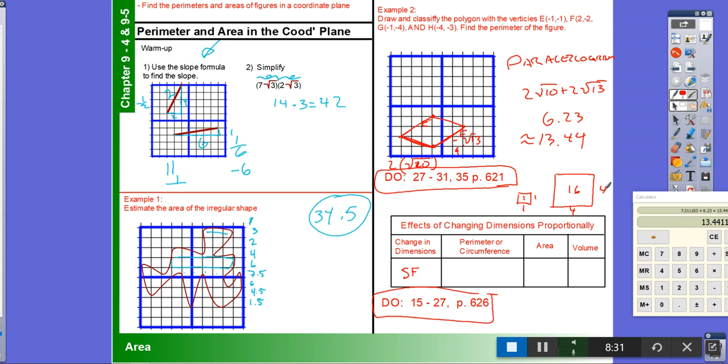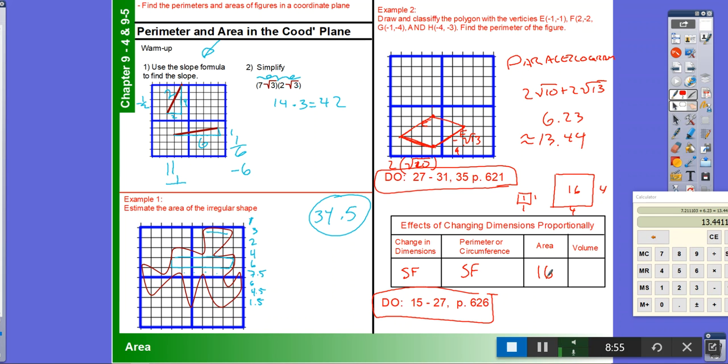All right. What happens to the perimeter or circumference? Well, if all the side lengths have multiplied by 4, then the perimeter will also multiply by 4. In that case, that is the scale factor. Now, when it comes to the area, that's a little bit different. 1 times 4 does not equal 16. What did I multiply 1 by? That's right, 16.